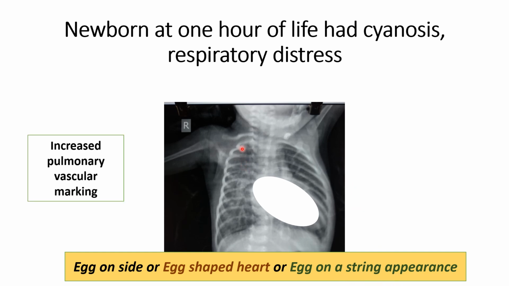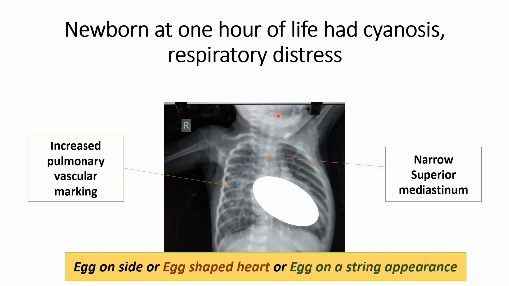And also here you can see increased pulmonary vascular markings are there. And the superior mediastinum is narrow. So all these findings are characteristically seen in transposition of great arteries.